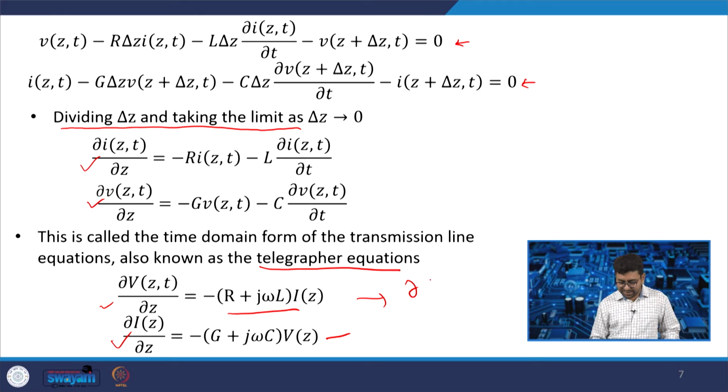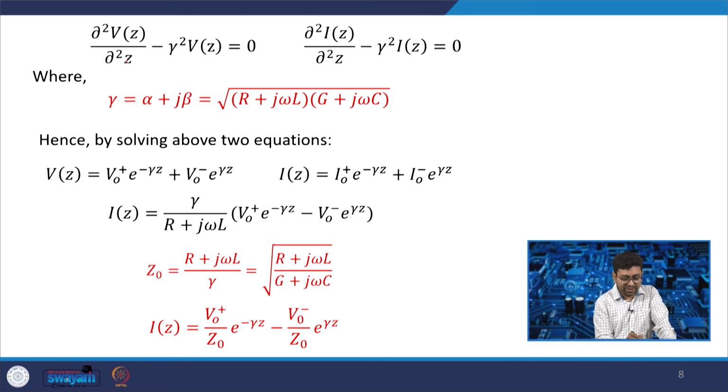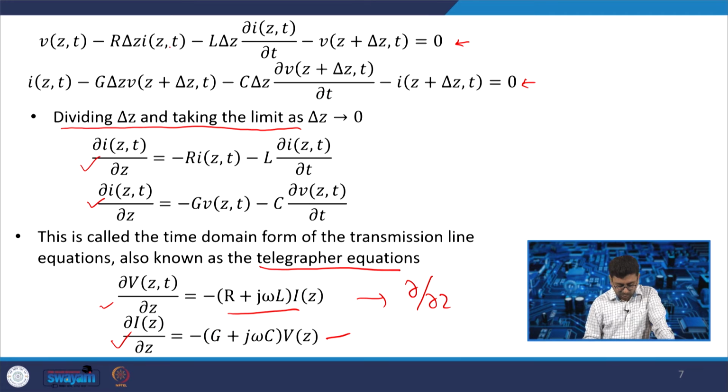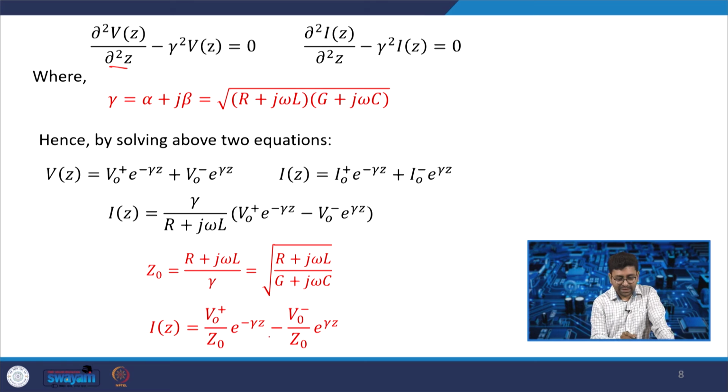If you differentiate this again with respect to z, you will get del square V(z) by del z square minus (R plus j omega L)(G plus j omega C), that is gamma square V(z), equal to 0. The same thing you can get for the current: del square I(z) by del z square minus gamma square I(z) equal to 0.